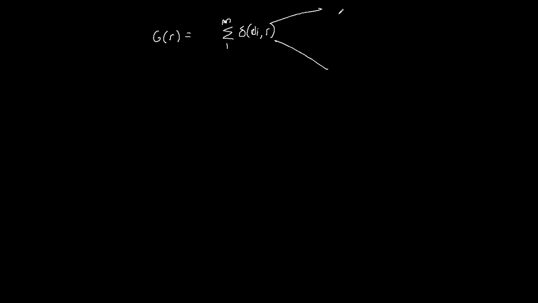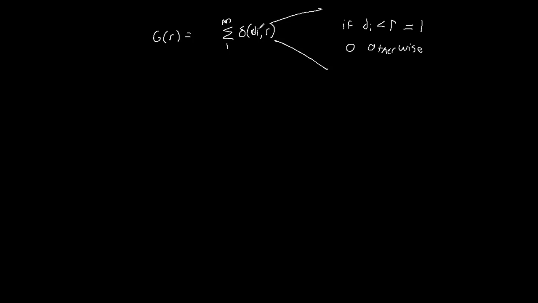This is going to internally compare, and it's going to say if d sub i is less than r, it's going to be 1. And if it's not, if it's greater than r, it's going to be 0 otherwise.